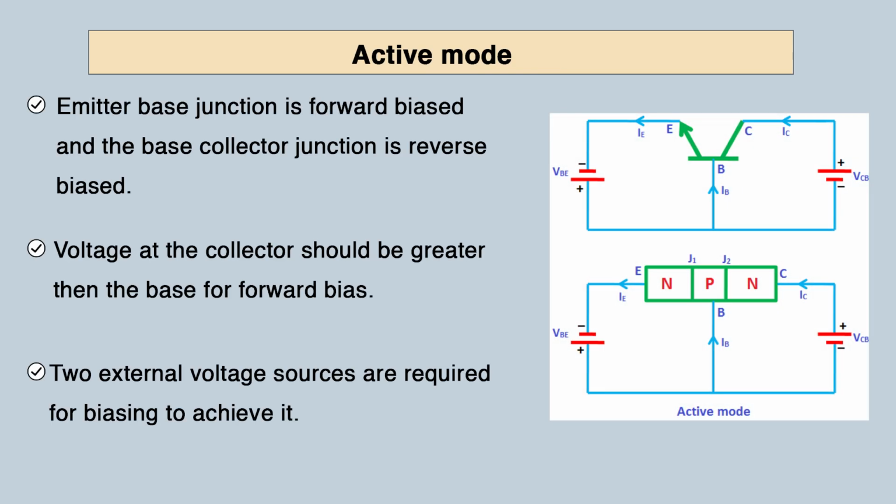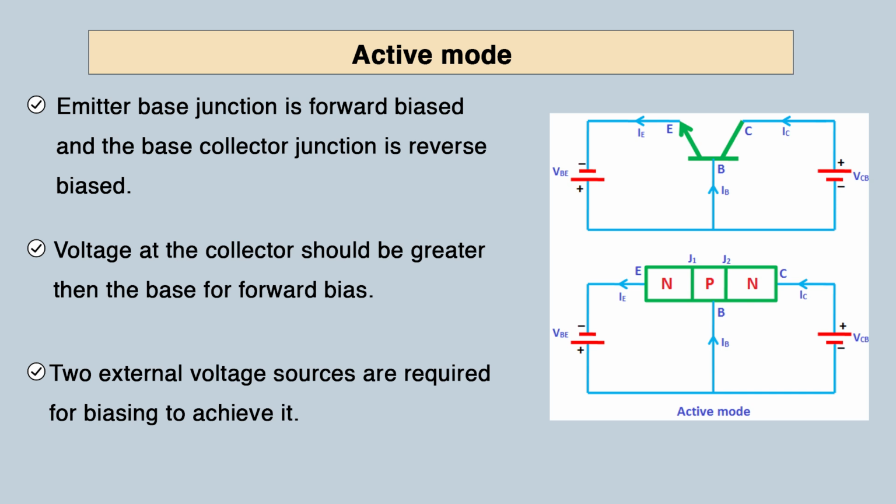Here, let us discuss the active mode. So, you can see that the biasing is such that the emitter base junction is forward biased and the collector base junction is reverse biased.